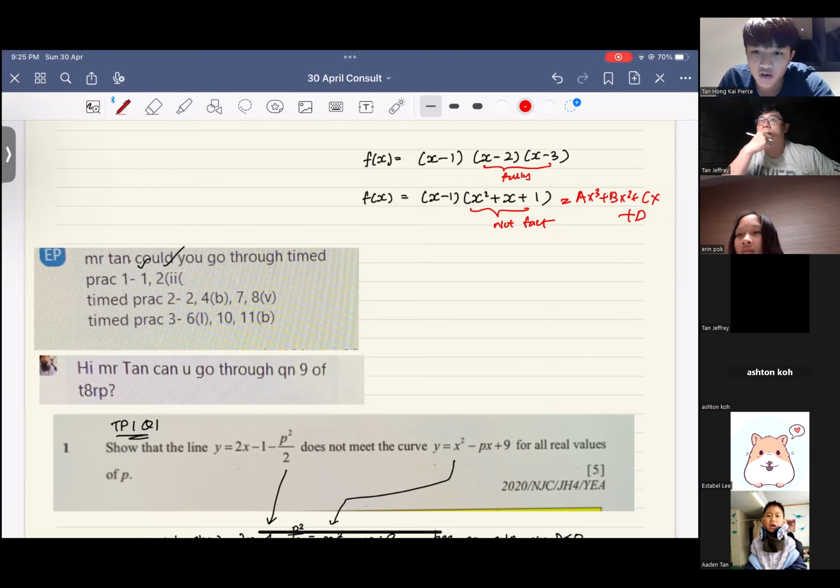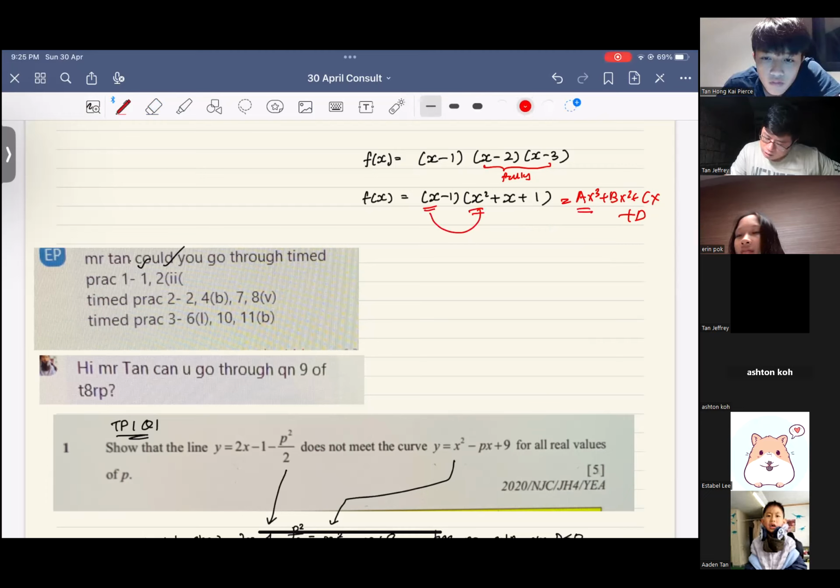For example here, x must multiply with x squared to give you x cubed. So if I compare the coefficient of x cubed, I can see that a equals 1.